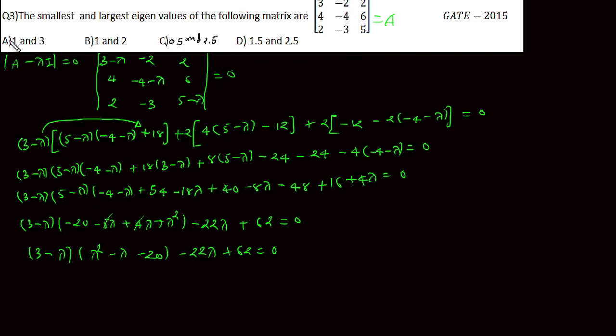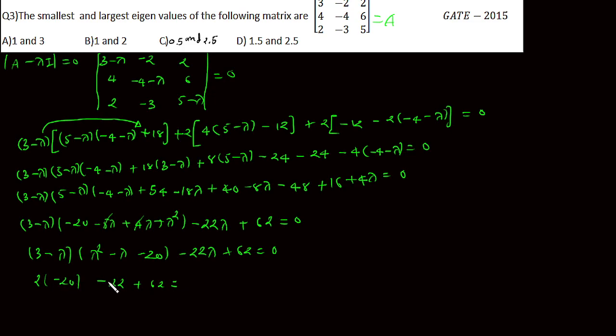So first of all, let's put 1 here in option A. So what we are getting simply: 2 here, 3 minus 1 is 2, here 1 minus 1. Okay, this one will cancel with this minus 1, we are getting simply minus 20, here minus 22, we have lambda is 1 because we are trying option A, plus 62.